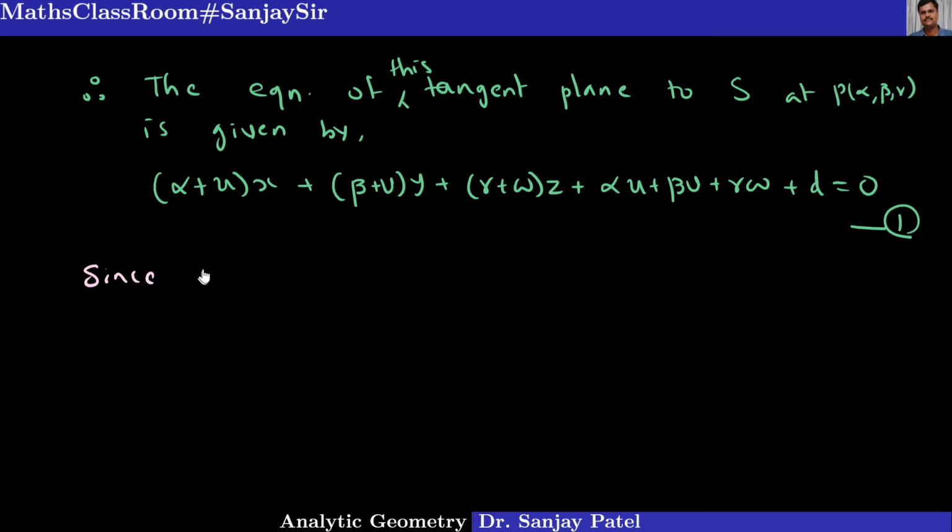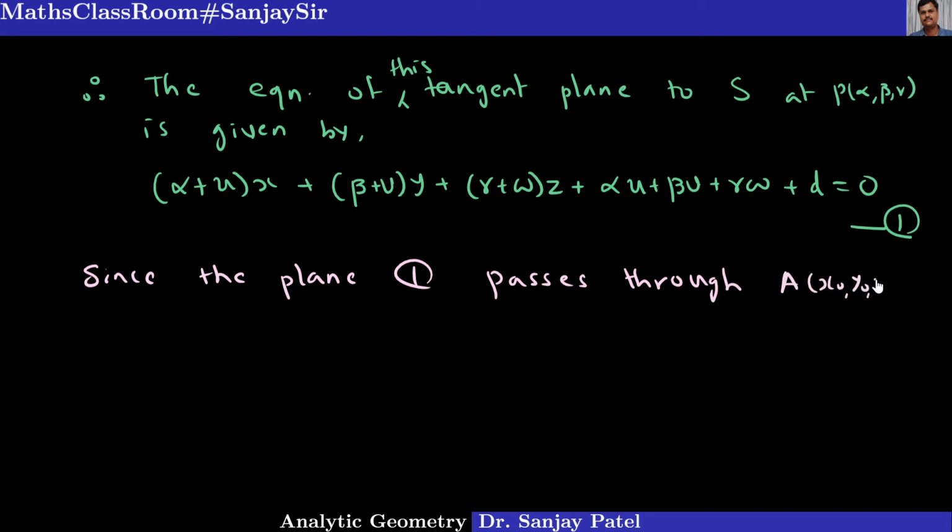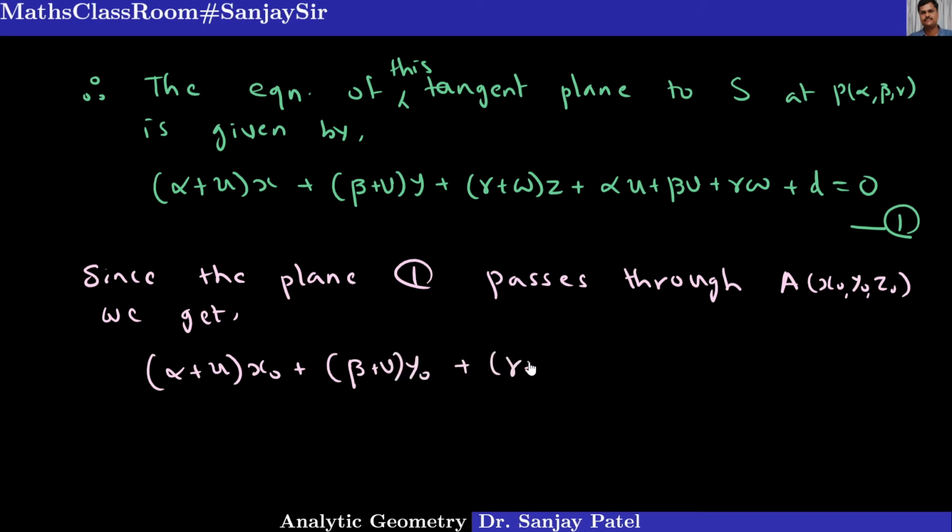Since the plane passes through the point A(x0, y0, z0), we get (alpha plus u) into x0 plus (beta plus v) into y0 plus (gamma plus w) into z0 plus alpha u plus beta v plus gamma w plus d equal to 0.